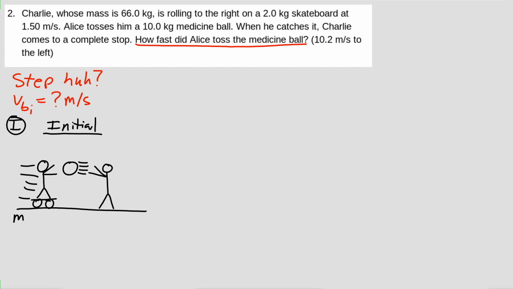So mass of Charlie, m sub c. Well, it says right here the mass of Charlie is 66 kilograms. But notice Charlie is stuck to the skateboard. Charlie and the skateboard are always moving together. So I'm going to say the mass of Charlie is actually 68 kilograms, the mass of those 2 things together.